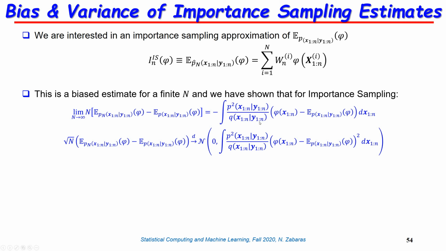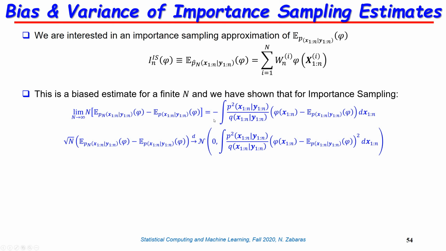If you go and look at the previous formulas, what you had there were the normalized weights W, and that's why the target distribution P of x given y comes directly rather than a normalized portion.